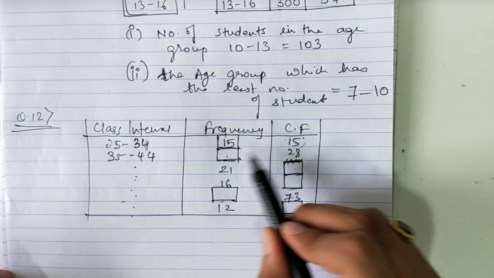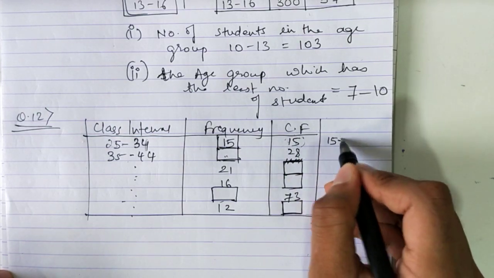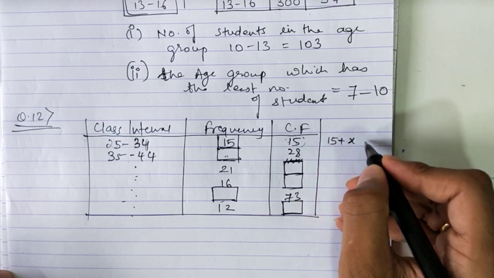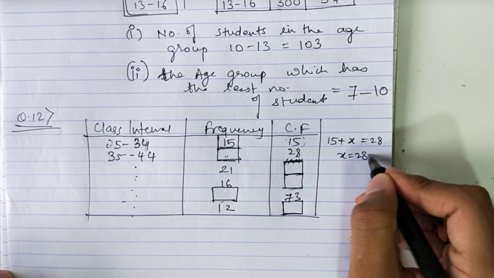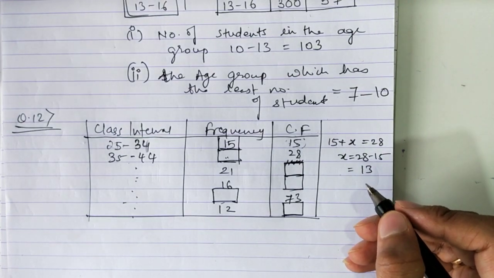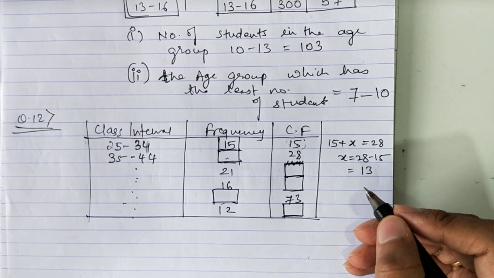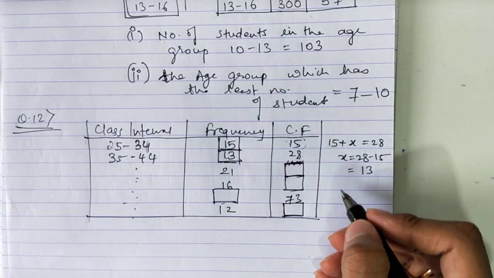So 15 plus this box will give you 28. Means 15 plus this value, let's say x, will give you 28. So what is x? 28 minus 15, that is 13. Am I right? So this value here is 13.